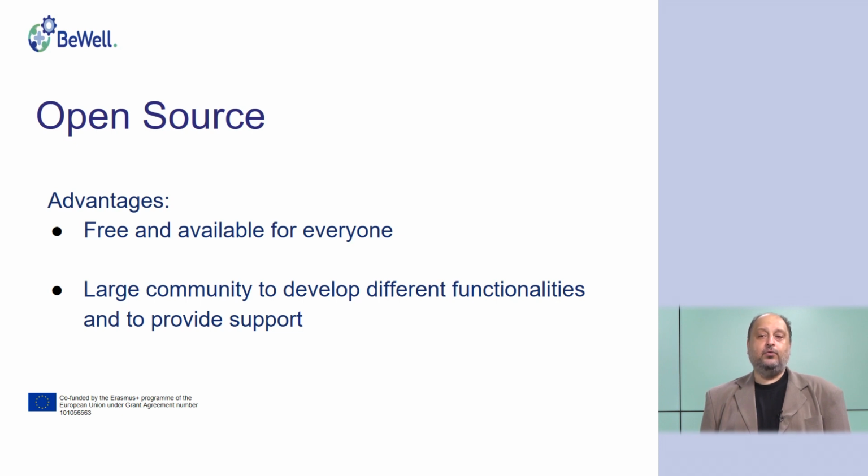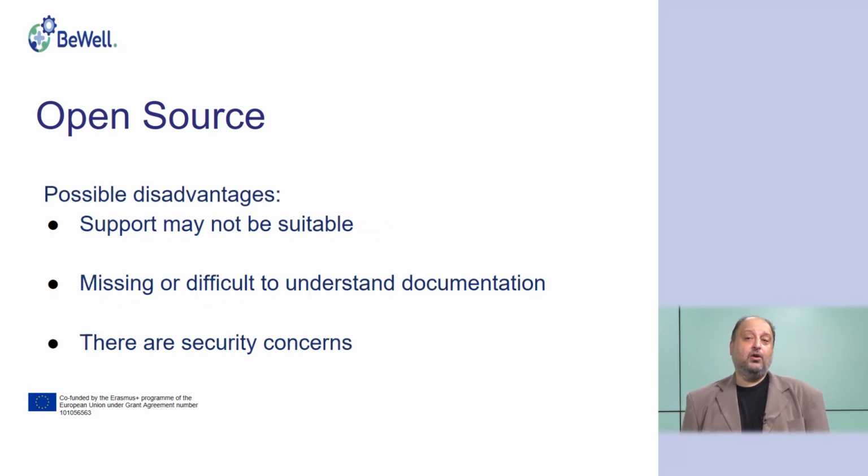They're available for everyone, and they're open source, which means that everyone may adjust the system and make changes in the software code that fit best the requirements of the health organization. The other advantage is that there is a large community to develop different applications or functionalities and to provide support. But this can also be a disadvantage because no one is obliged to provide this support.